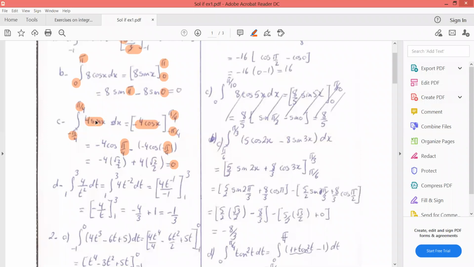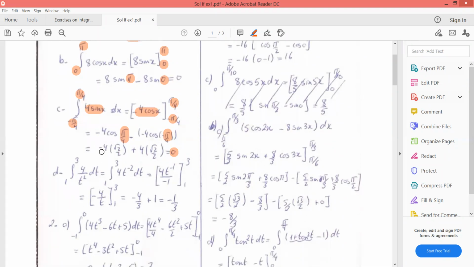Sin x is an odd function because f of minus x equals minus f of x, then directly the integral from minus pi over 4 till pi over 4 is 0. So sin x is odd, sin minus x is minus sin x. So whenever the function is odd and the bounds are opposite, then we get 0.